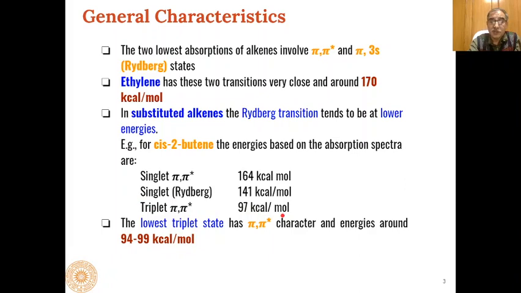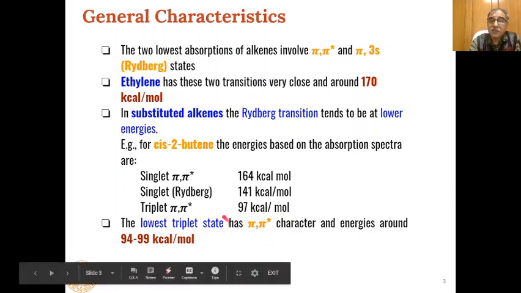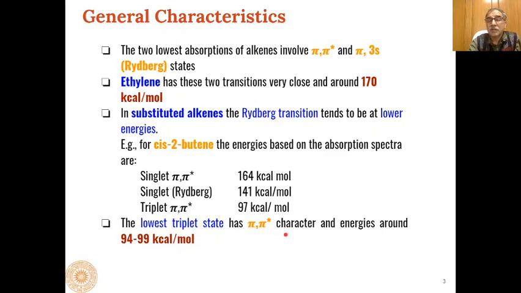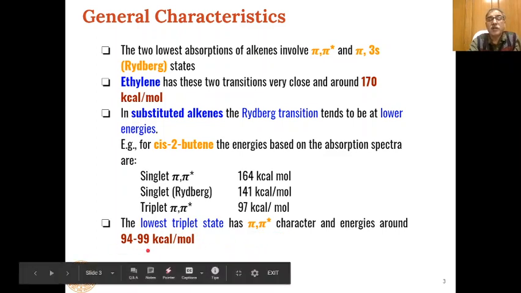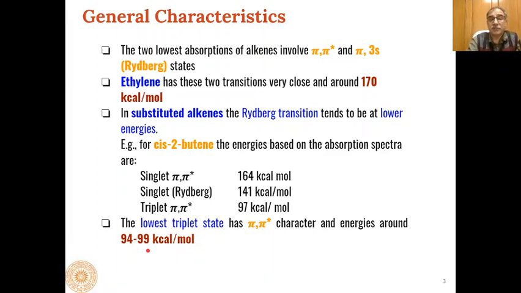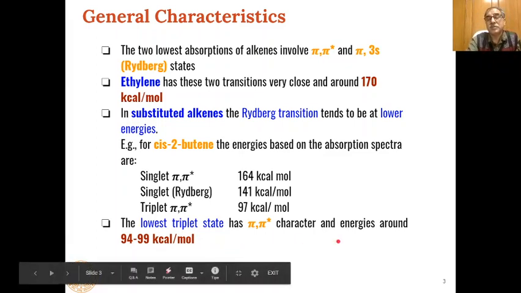So the lowest triplet state, which has pi to pi star character, requires around 94 to 99 kilocalories per mole of energy in cis-trans isomerization reactions.